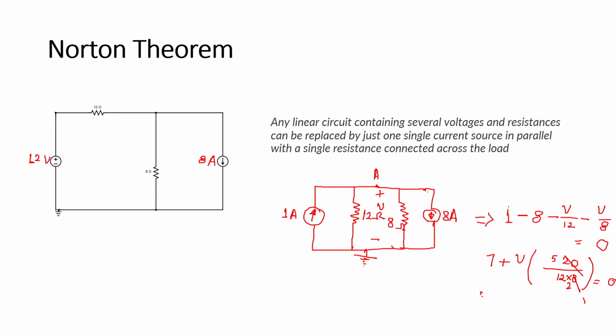So we get V equals minus 7 into 24 by 5. So this much voltage.